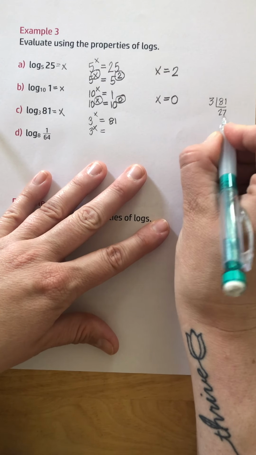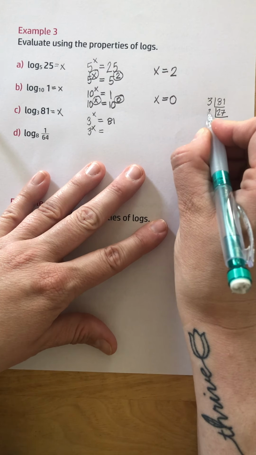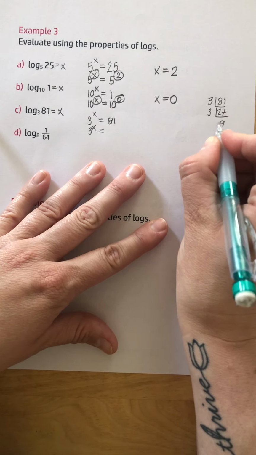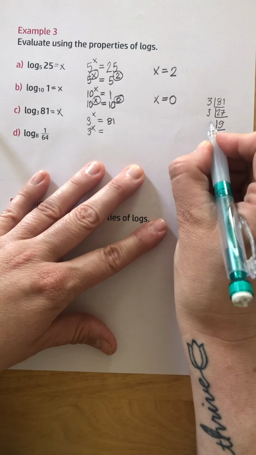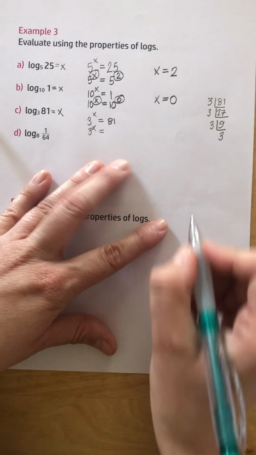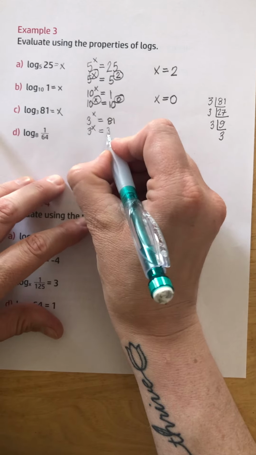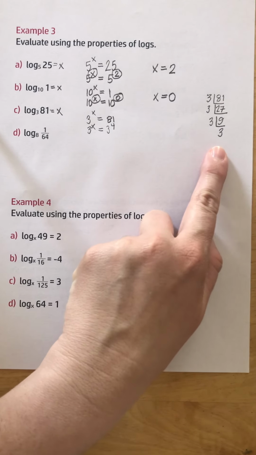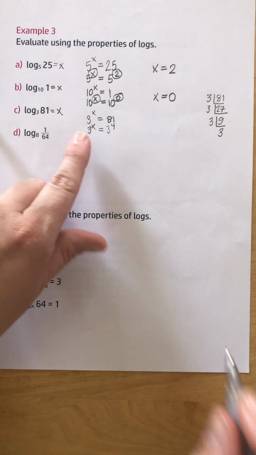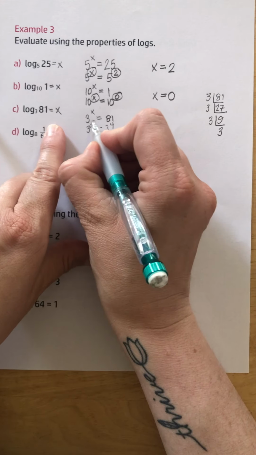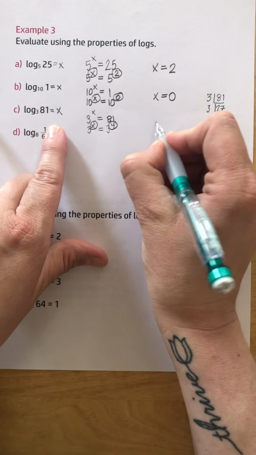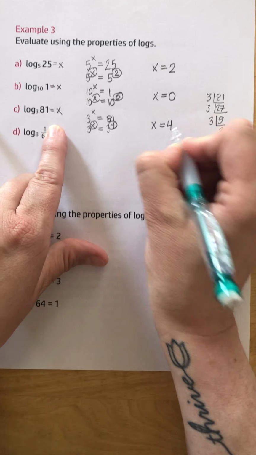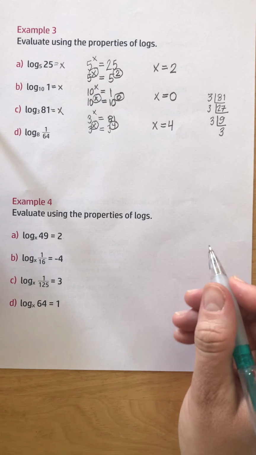It goes in there 27 times. 27 is also divisible by 3 9 times, and 9 is divisible by 3 3 times. So that turns into 3 to the 4th power, and some of y'all may have remembered that and might not need to do any work. So now that my bases are the same, that means my exponents are the same, and so x equals 4.